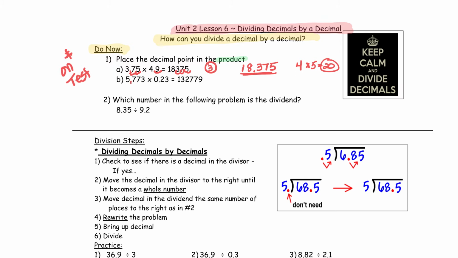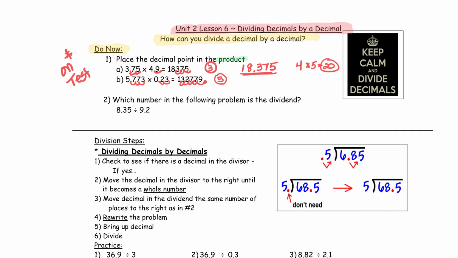Let's take a look at letter B. Now we have 1, 2, 3, 4, 5 places to the right of the decimal. So that means that in our product, which is the answer to a multiplication problem, we're going to go all the way to the right of the number, starting here, and now count back to the left. So we count back 5 spaces. Ready? 1, 2, 3, 4, and 5.